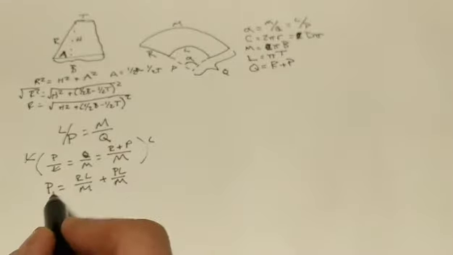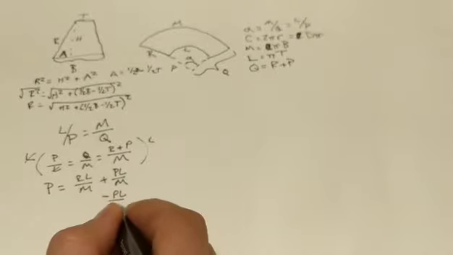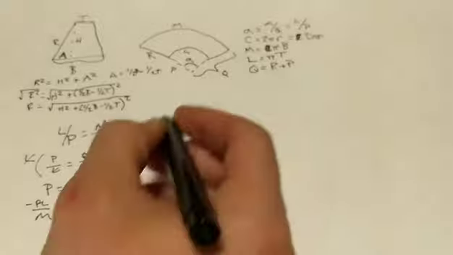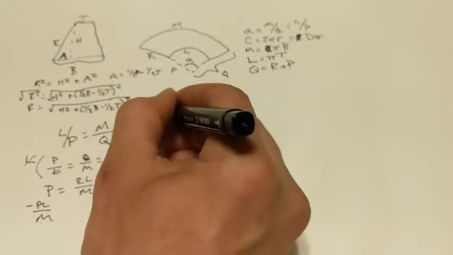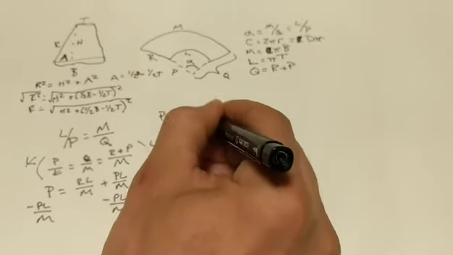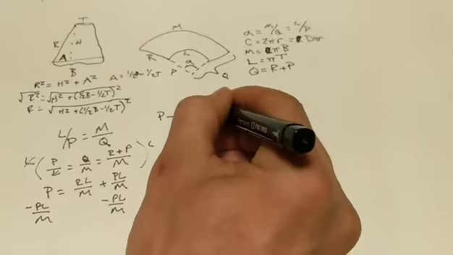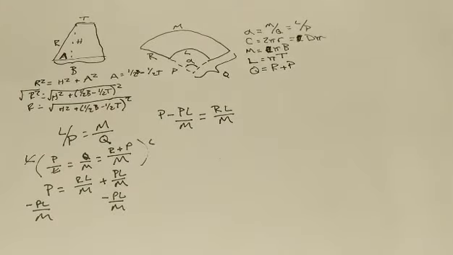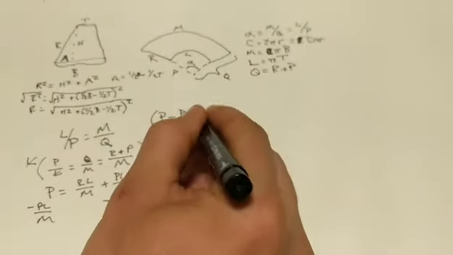We want to get all of our P's to one side, so we subtract by PL over M. So, up here we have P minus PL over M is equal to RL over M. Okay, so then we can pull out a P from this side.